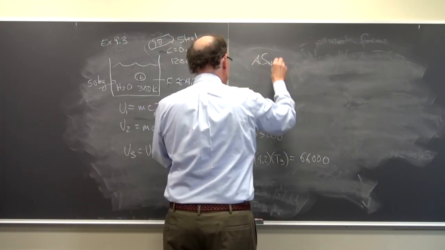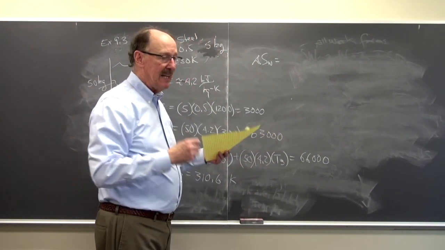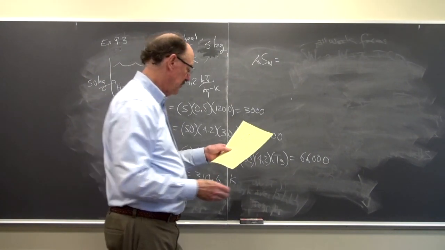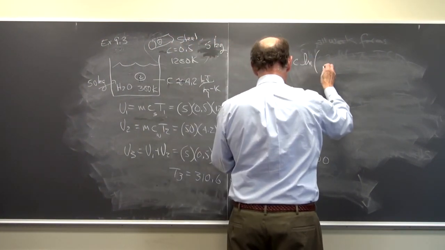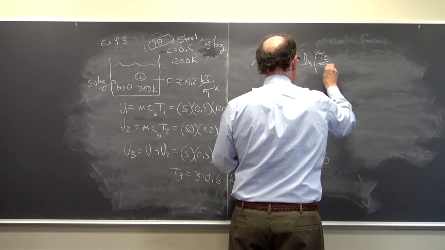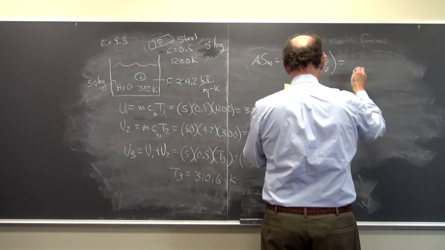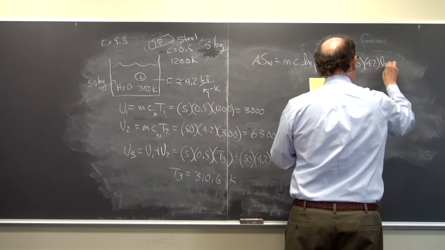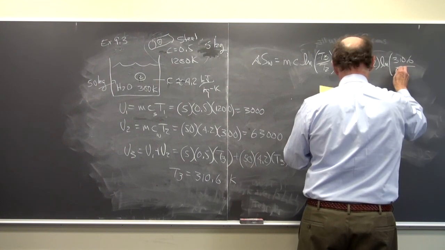Del S of the water is, using the methodology mentioned in chapter 8 for incompressible substances and not using the tables, mC times the log of T3 over T1, or it could be T2 actually, is equal to 50 times 4.2 times the natural log of 310.6 over 300.